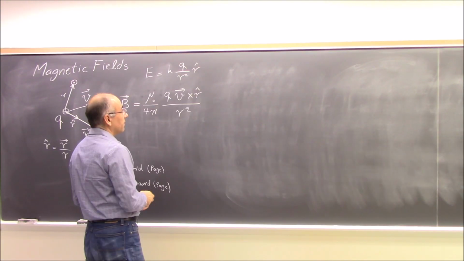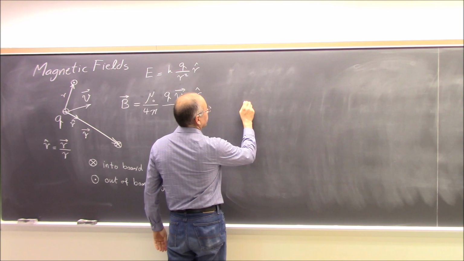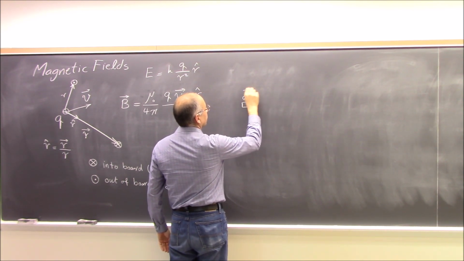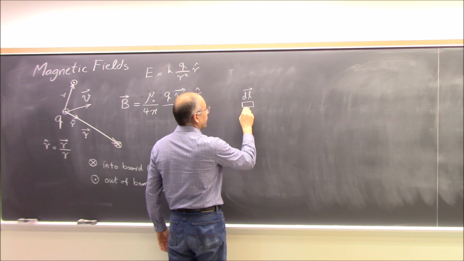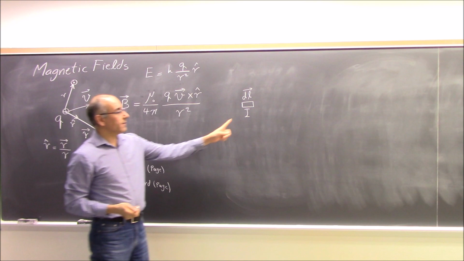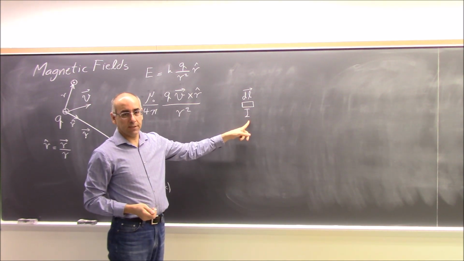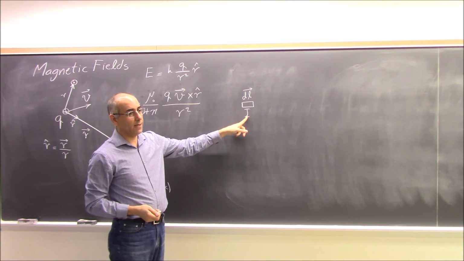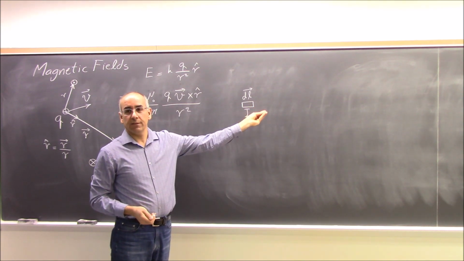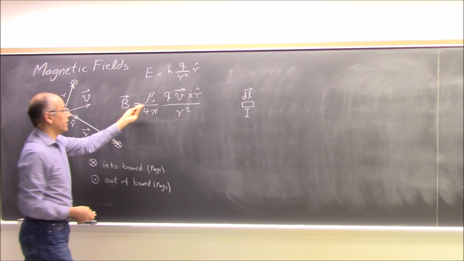And then, if you have a piece of wire, like the small dL, that has current I in it, current is Q over T, right? Charge over time. If you have current, it means that there are charges moving in that direction. It's the same as this one.